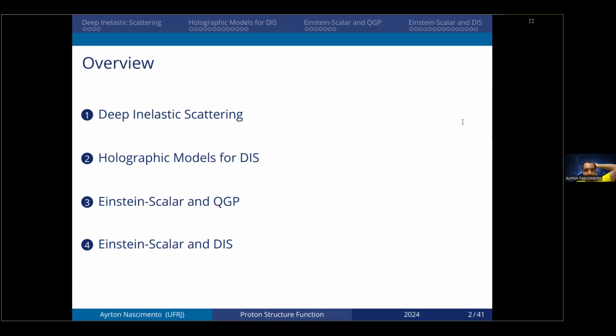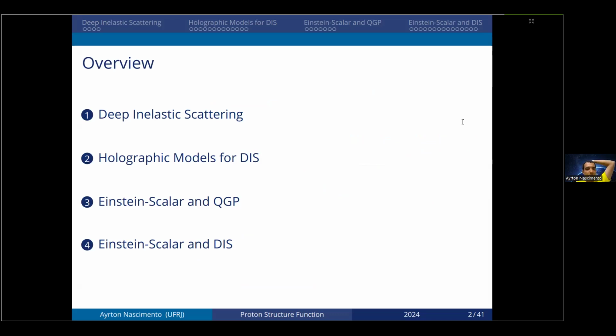So for this, I'm gonna need to talk about deep inelastic scattering first. So I'm gonna review some important things about this. And then I'm gonna tell you about some holographic models used to describe this DIS stuff.